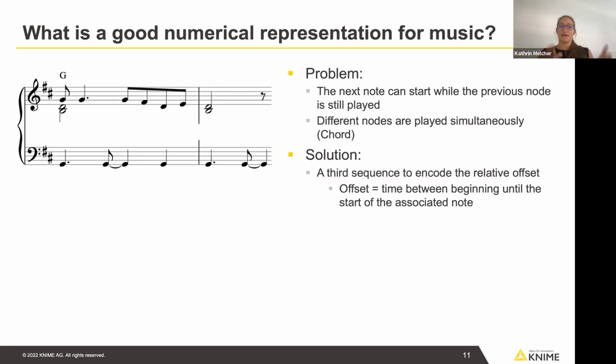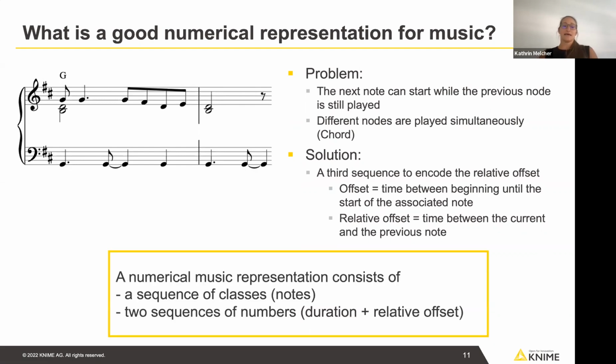That's why I thought the offset itself, which describes the time between the beginning of a music piece and until the note starts, is not really a good feature. That's why I decided I go for the relative offset, which is the time between the current and the previous note. This means if I play 4 notes at the same time, then the relative offset between these 4 notes would be 0.